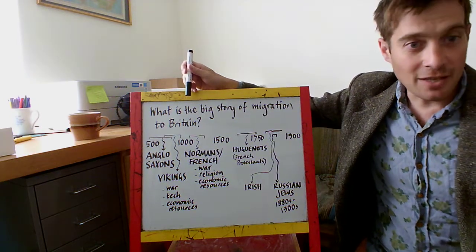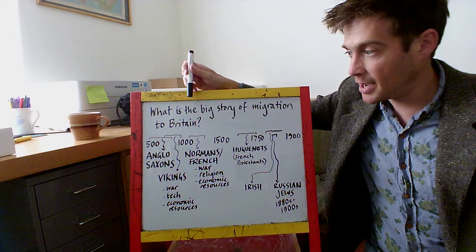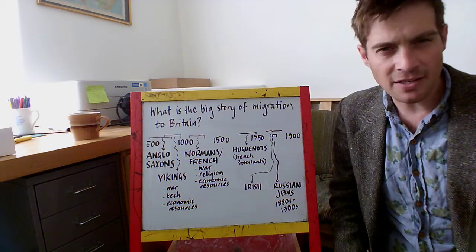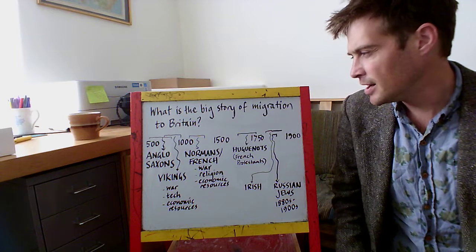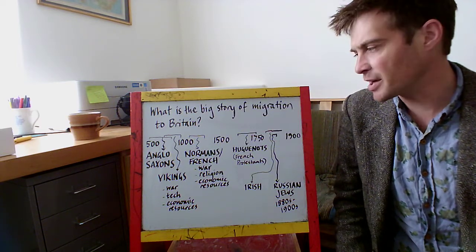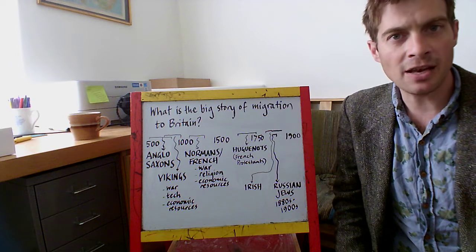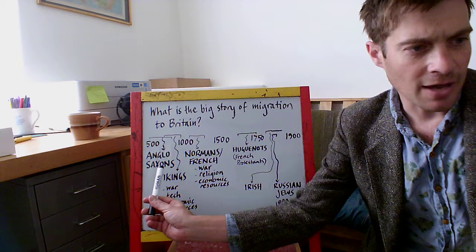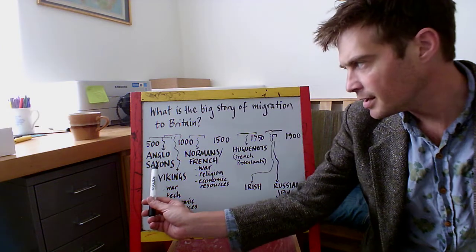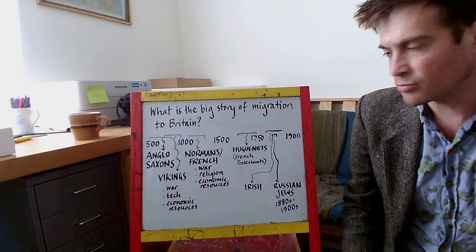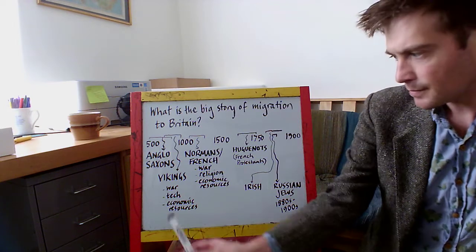And luckily, we've actually done some of this big story already. While we were still at school, right back at the start of Year 10, I know you probably can't remember that now, but we looked at those first groups of migrants to Britain after the collapse of the Roman Empire. So the Anglo-Saxons who came from Germany and Denmark from sort of the 5th century AD onwards as the Roman Empire was collapsing.